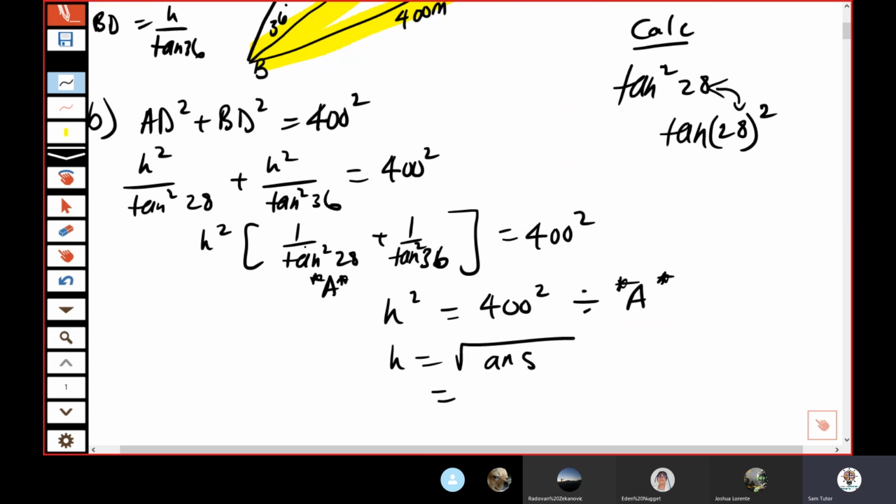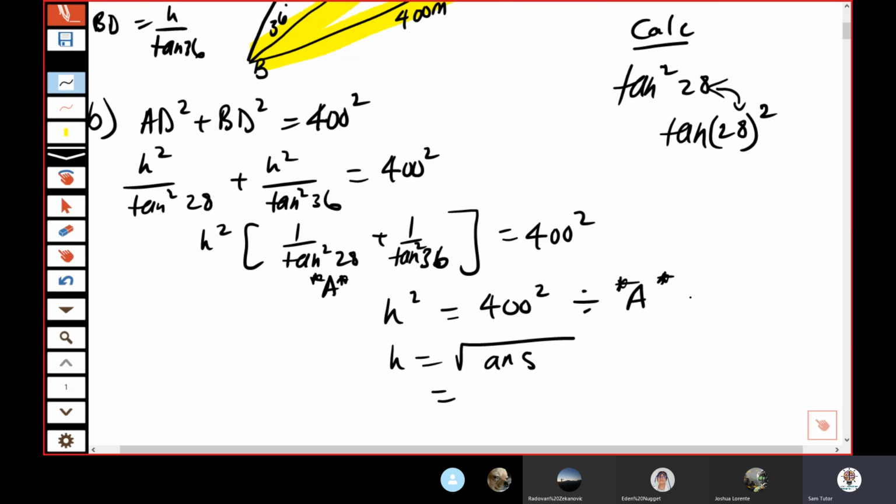All right, so get your calculators out. I'm going to start doing it as well. Try to first get an answer for this, and then do 400 squared divided by that answer, square root it, and hopefully we can get the answers out. So let's see, 1 on tan 28 squared, plus 1 on tan 36 squared.